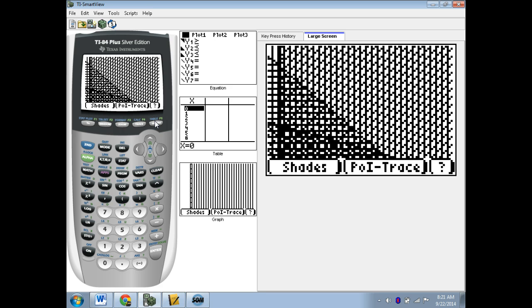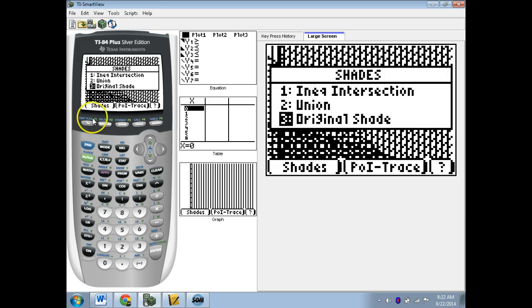So there is a way on these calculators to just look at that feasible region so that it only graphs or shades that feasible region. So that is under, if you see the shades method, so we want to hit alpha and then the button under the shades, which is the y equals button, the one on the far left.